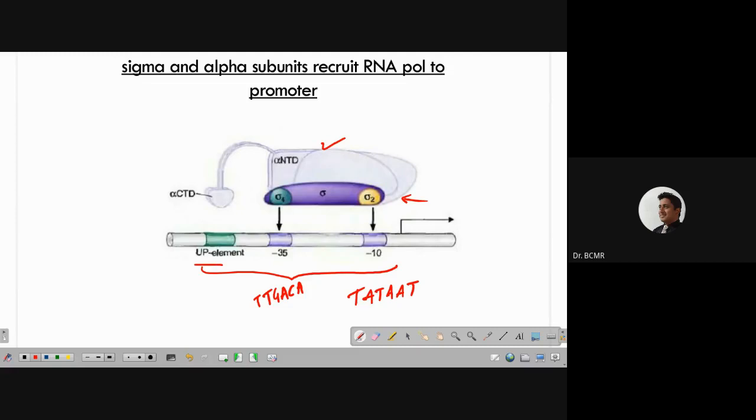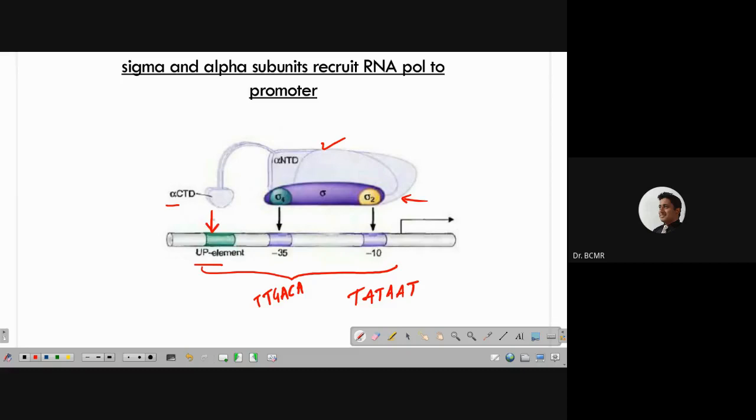Up element is the upstream regulatory element. And there are other types of promoters also, like extended -10 or a promoter with discriminator region and so on. The RNA polymerase has several subunits, of which the alpha subunit has a C-terminal domain extending outwards, which interacts with the up element.